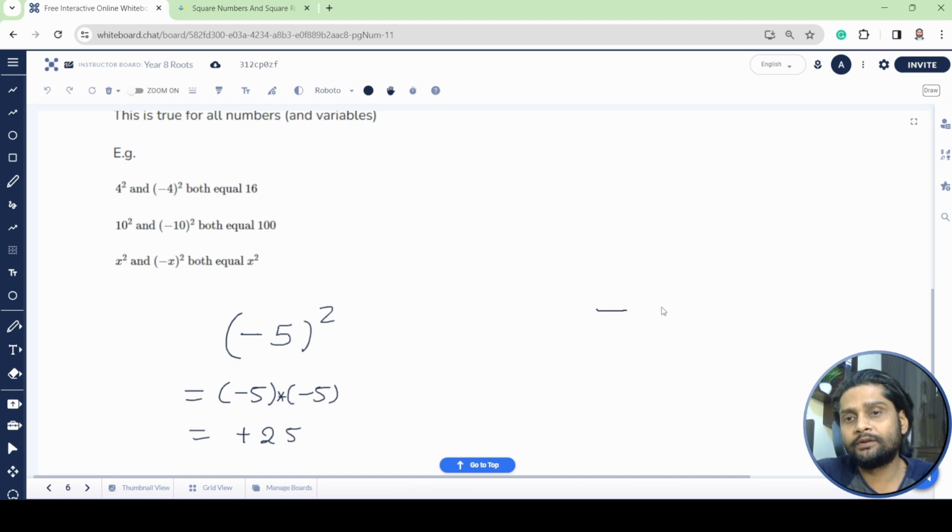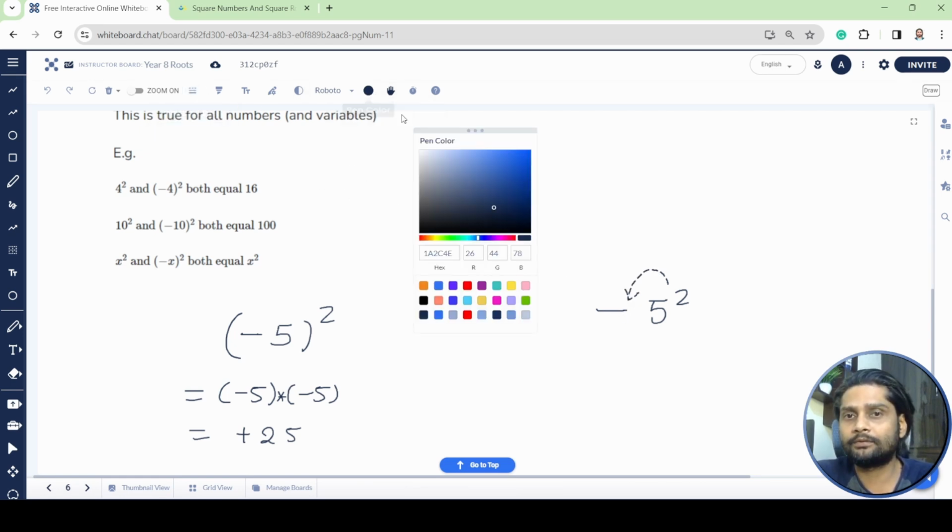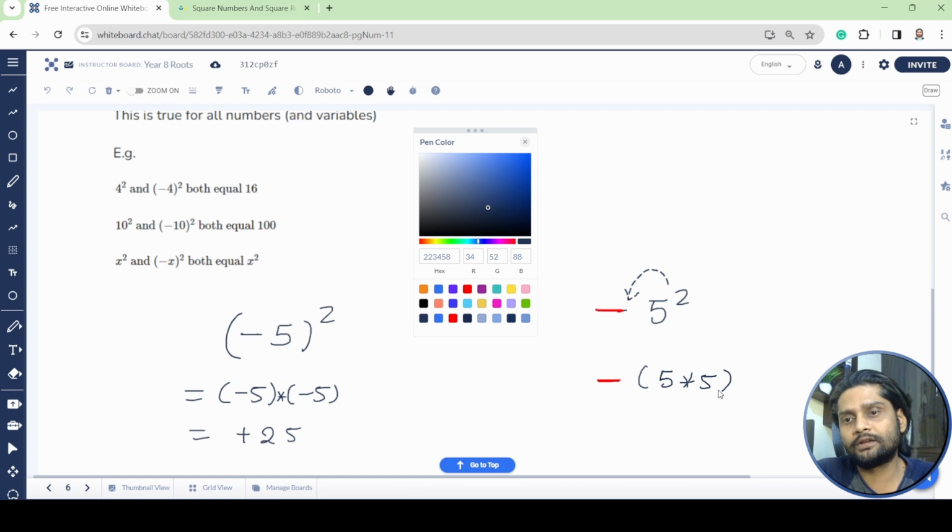But for example, if we are given negative and then 5 squared, right now you notice that this square hasn't got anything to do with this negative sign. It means that the negative sign is kept outside, and we are only applying a square on this 5. So we keep this negative as it is outside. However, this 5 got squared, so this 5 has to be multiplied 2 times, and the answer is negative 25.